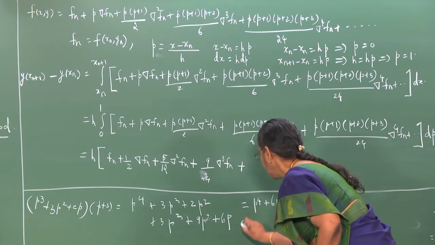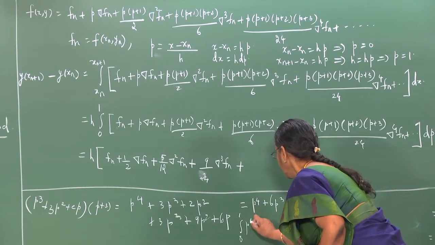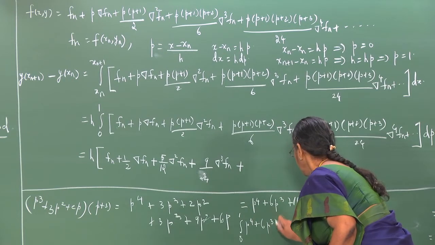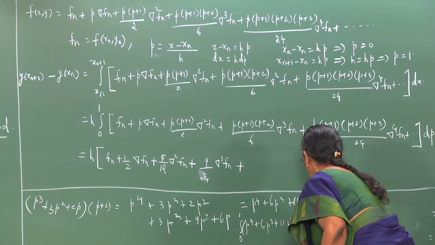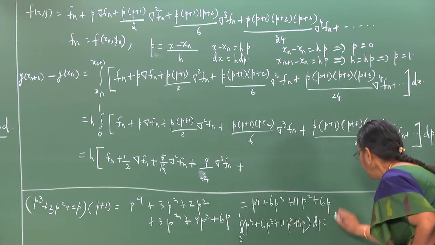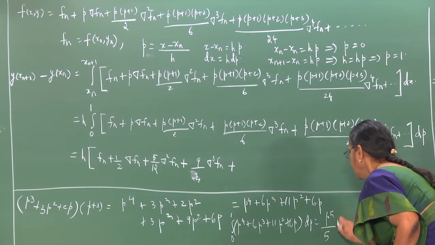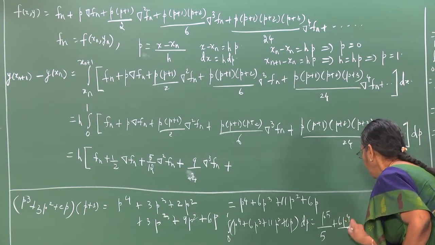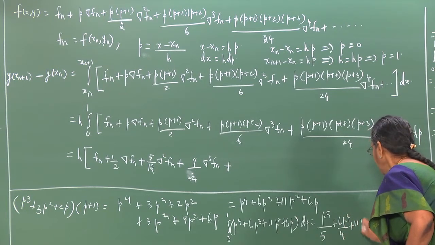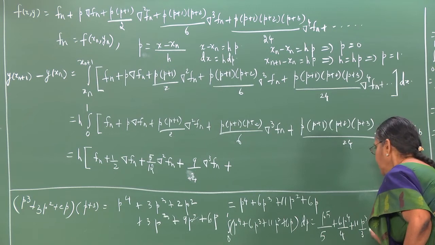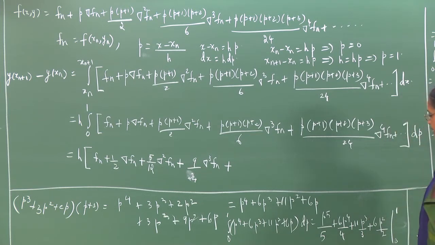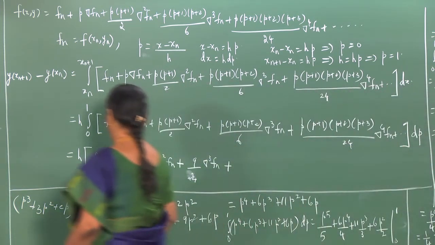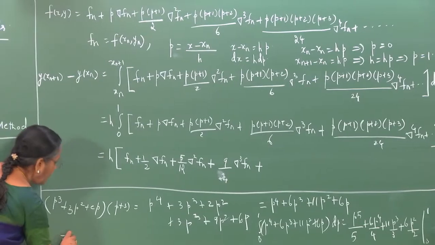Now, I have to integrate this with respect to p, and that gives you p power 5 by 5 plus 6p power 4 by 4 plus 11p cubed by 3 plus 6p square by 2 between 0 and 1. So, let us substitute for p the upper and the lower limit.